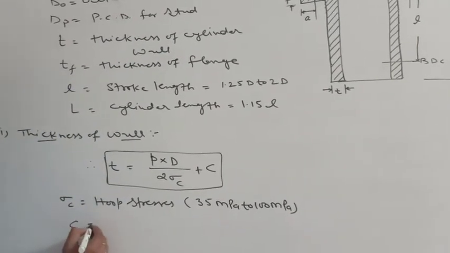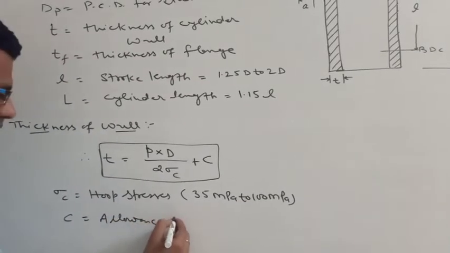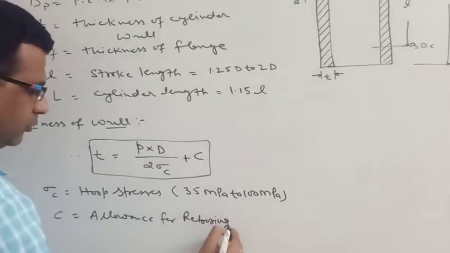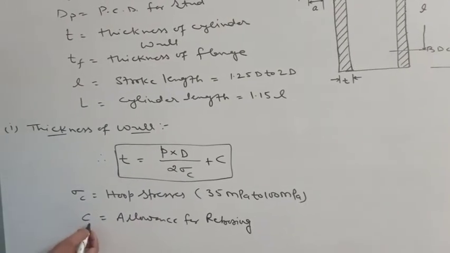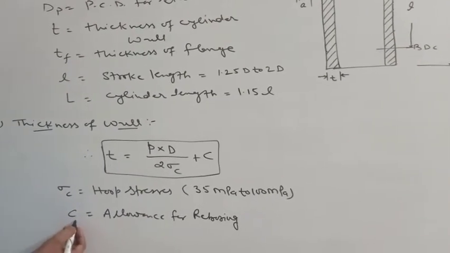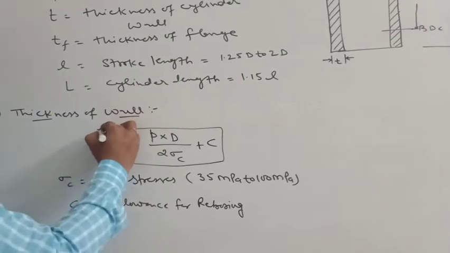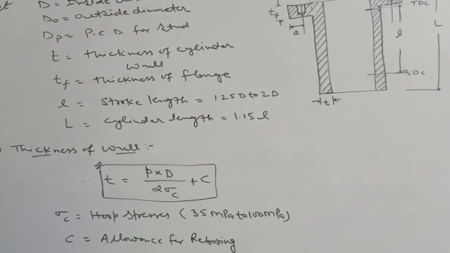And this C is known as the allowance for reboring. If you want to rebore our cylinder, then this allowance is given, and from the design data book we can find the value of this allowance for reboring, and with the help of this we can calculate the thickness of the cylindrical wall.